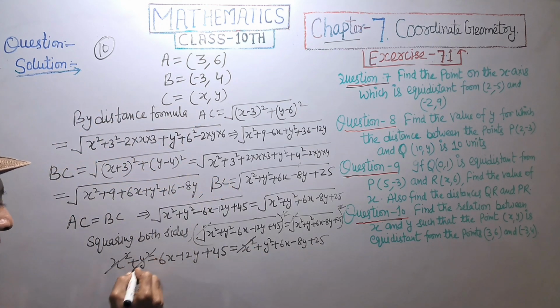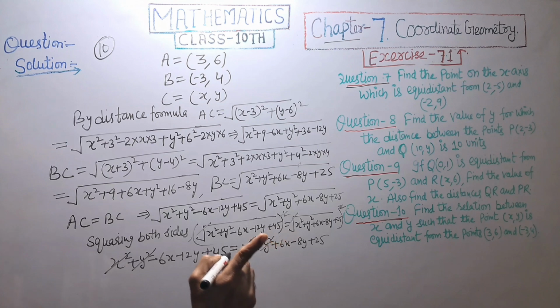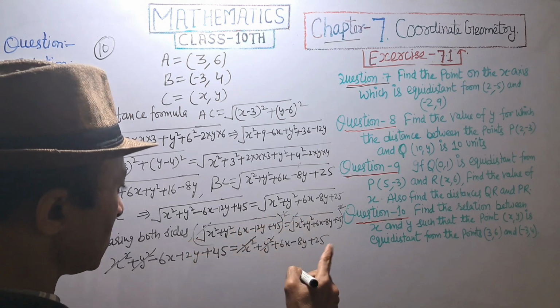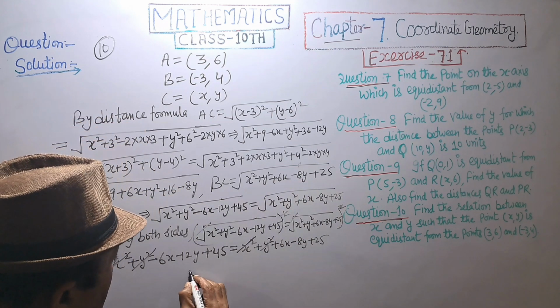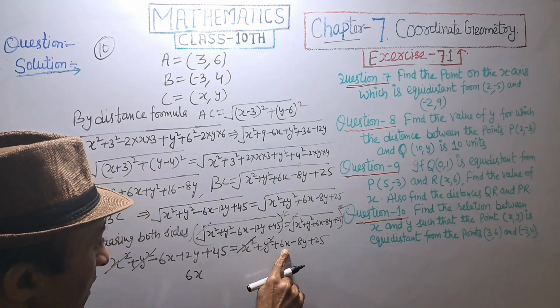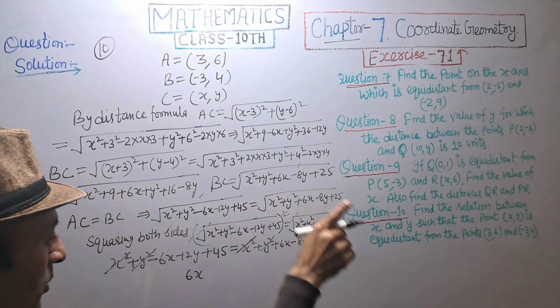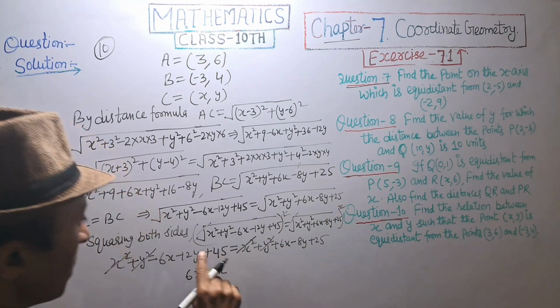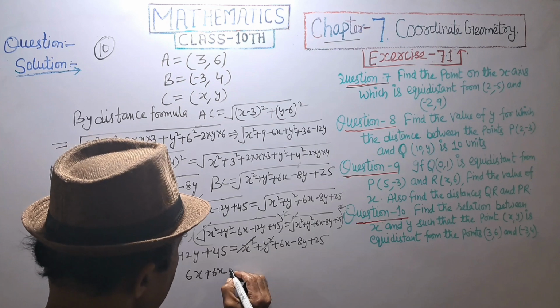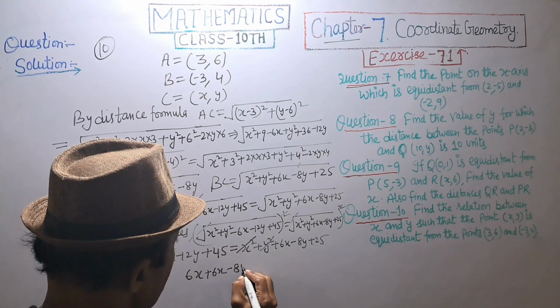X square cancels, y square also cancels, and shifting 6x to the right side: 6x is negative, so it gives positive 6x on the right side, and then minus 8y.